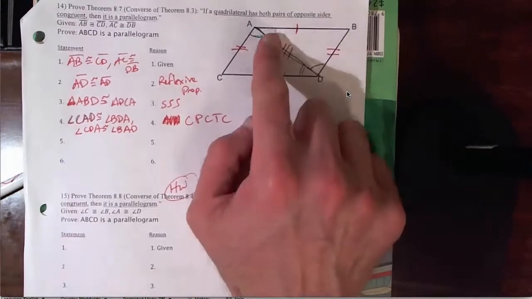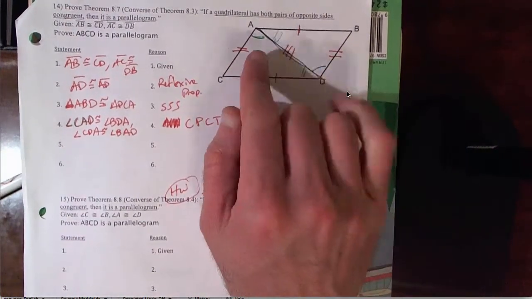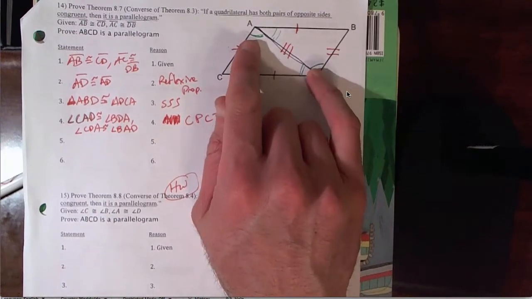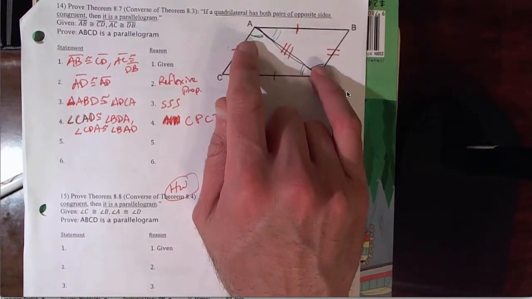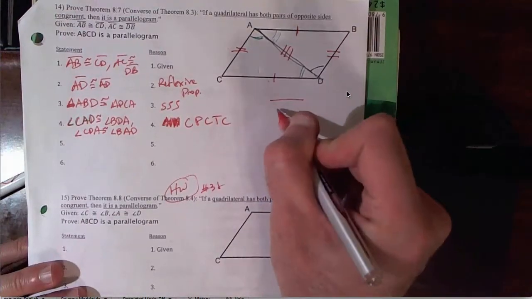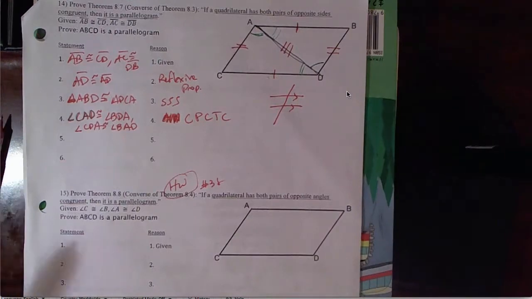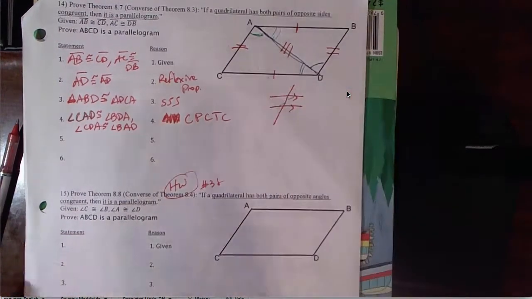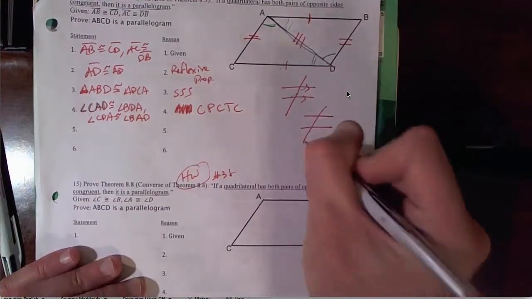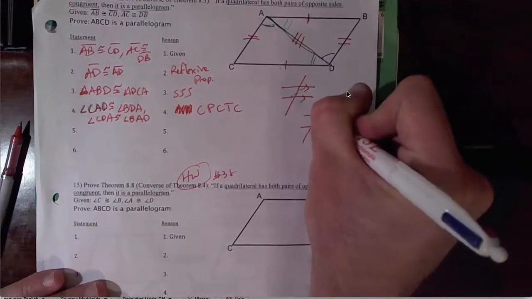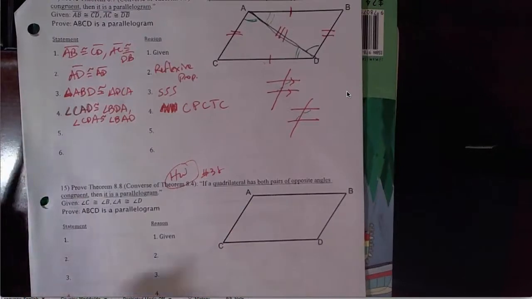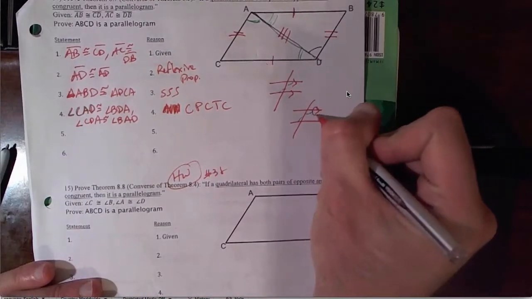But here's the thing. Since I have just proven these congruent, these are alternate interior angles. I don't know they're parallel, but if you think back to chapter 3, we actually had the reverse as well. Remember, the original of the alternate interior says if the lines are parallel, then alternate interior angles are congruent. But what we have here is the converse. The converse says if alternate interior angles are congruent like this, then I can say the lines are parallel.